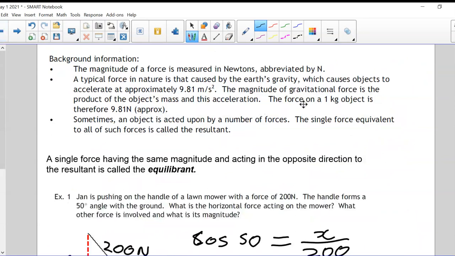That tells you that the magnitude of the gravitational force is the product of the object's mass and the acceleration due to gravity, which is 9.81. We'll just use 9.8 for most of our calculations. You simply multiply the mass of the object by the acceleration due to gravity, and that gives you the force which that object is actually exerting.